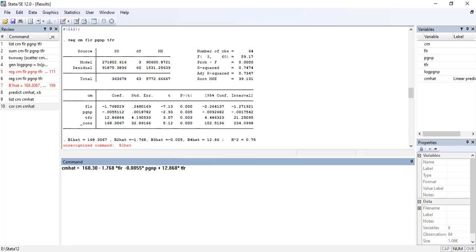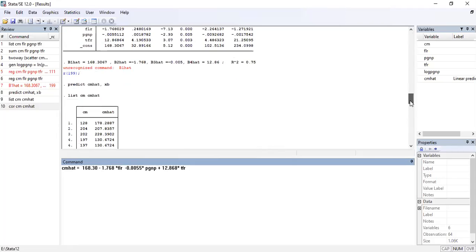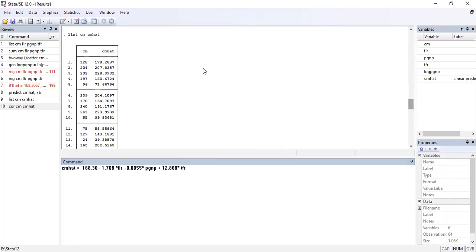Okay, the estimated model. Now, how do you get, let's say, the first value of CM hat, 178.28? If you know one, you can tell all others.